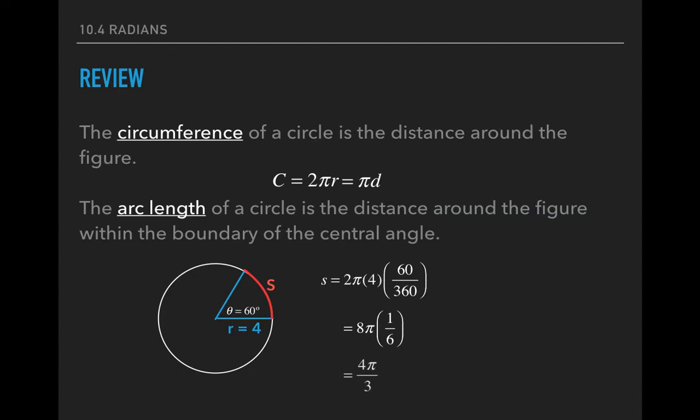So we can divide them by 2, and you'll end up with 4 pi over 3. Okay, well that was cool. That would be 4 pi over 3 is the distance along the arc there, but just within that red region.